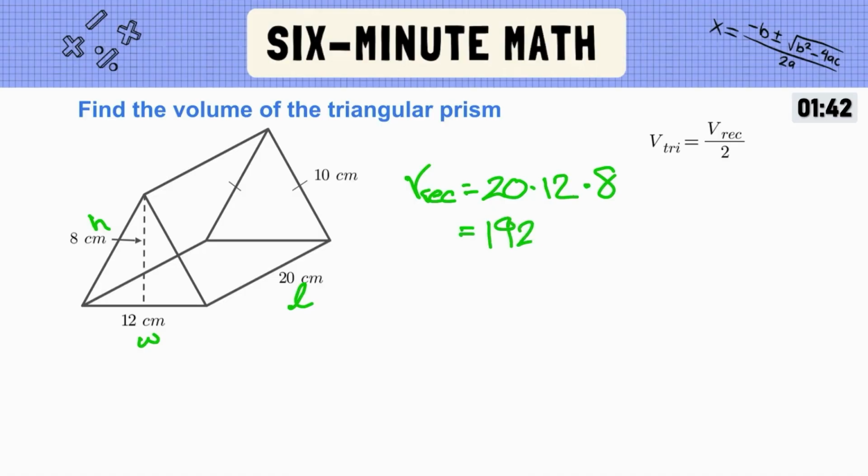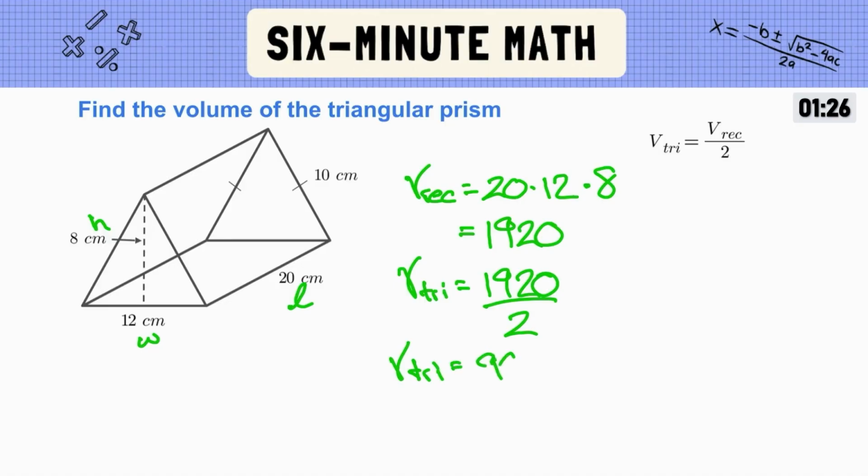That gives us a volume of 1,920. And that volume of the triangular prism is 1,920 divided by 2, giving us a total volume for that triangular prism of 960 cubic centimeters.